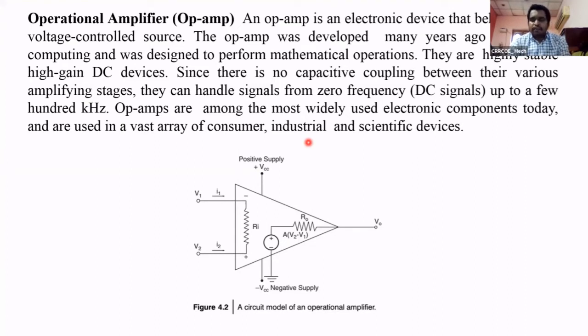Generally the op amp was developed many years ago when digital computers were not involved. Means this is an olden device. Why is it called operational amplifier?